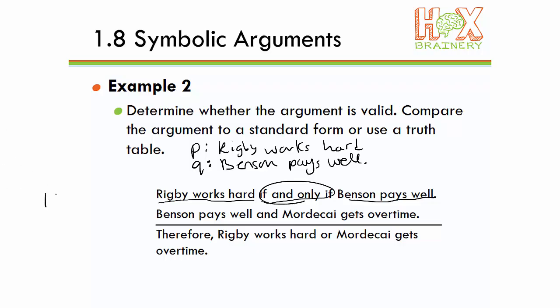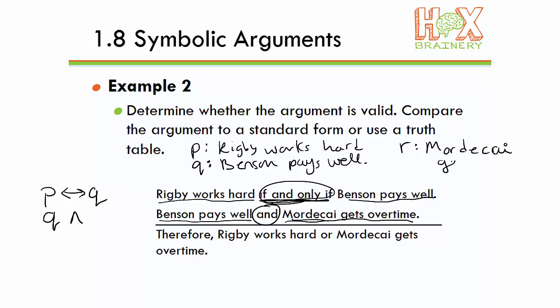So that first premise is P if and only if Q, right? Because we have our biconditional right there, so we have our double-sided arrow. The second premise says Benson pays well, and, okay, so we're going to have Q and Mordecai gets overtime. I don't have that yet, so we'll call that R.